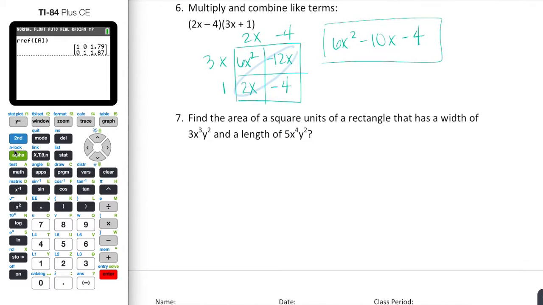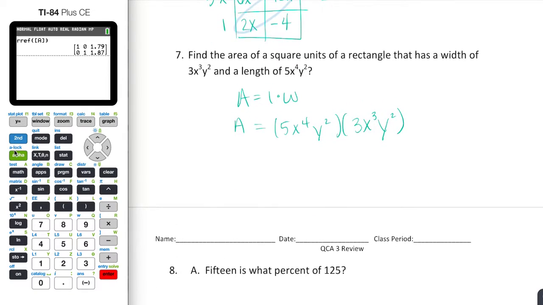All right, find the area in square units of a rectangle that has a width of 3x cubed y squared and a length of 5x to the fourth y squared. So area is going to be length times width. So our length is 5x to the fourth y squared, and our width is 3x cubed y squared. So then we are going to multiply.